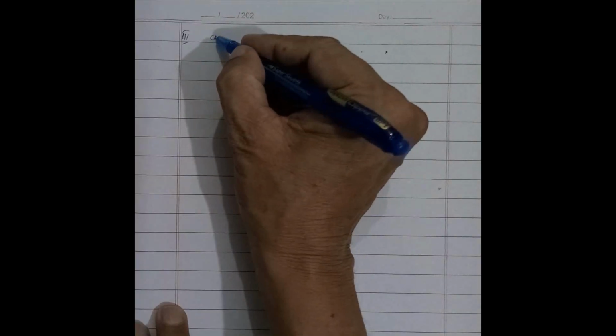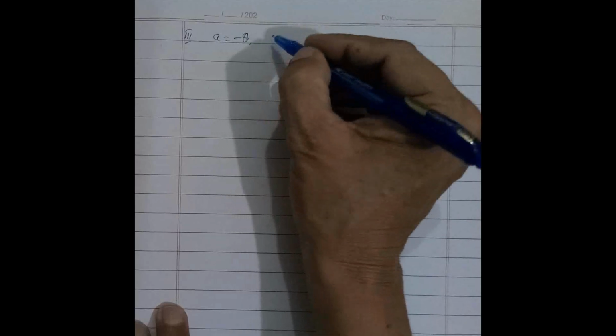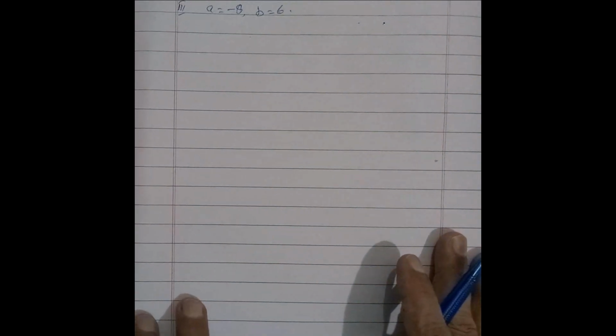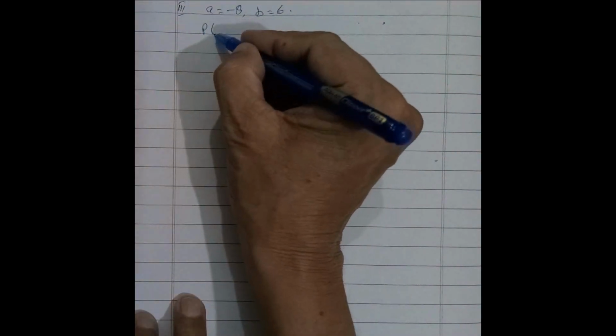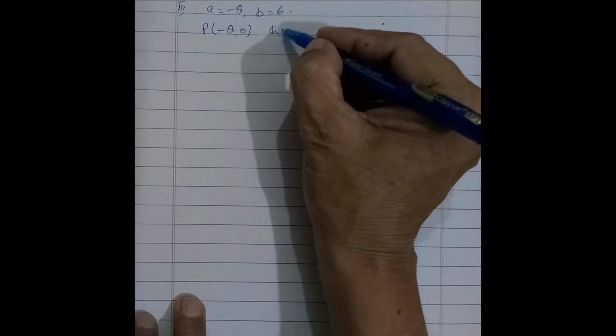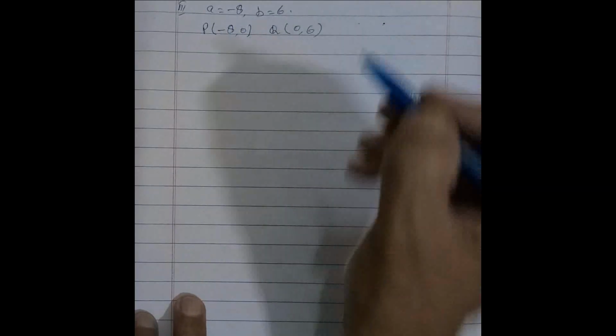The third part is a equal to minus 8 and b equal to 6. Now we first find the coordinates of P, which is (minus 8, 0), and coordinate Q is (0, 6).